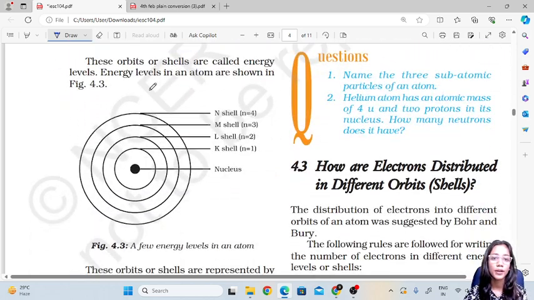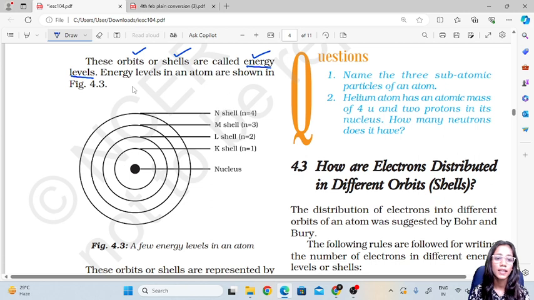Now let us see what were those discrete orbits. He called these orbits energy levels. There are some names for these orbits: you can call them orbits or shells, or energy levels. Energy level means they are of a particular level of energy.